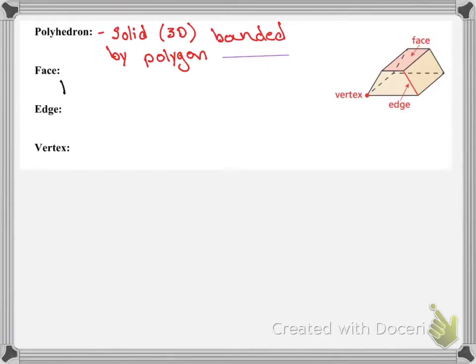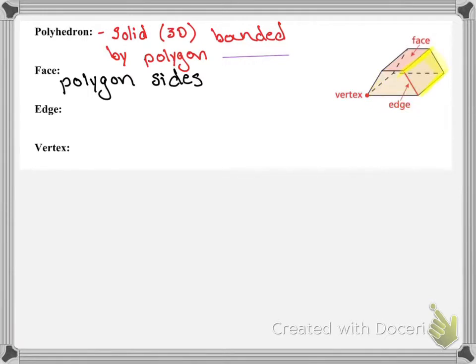The faces of these polygons are made up of those polygon sides. So we have a face right here, this polygon right there, which is a trapezoid, is a face.